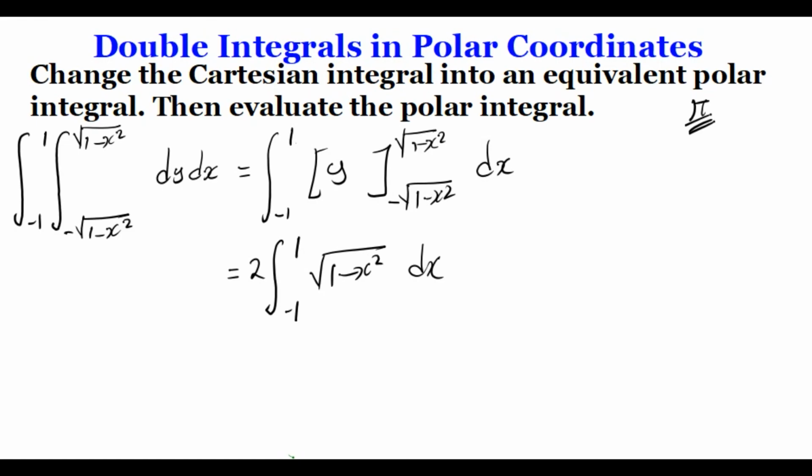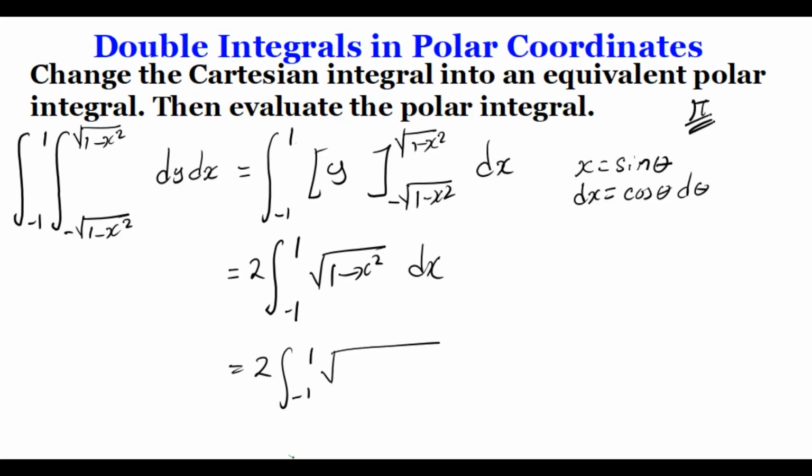Let x equal sine theta, meaning dx is going to be equal to cos theta d theta. So this is going to be equal to 2 from negative 1 to 1. I'm going to have the square root of 1 minus sine squared theta multiplied by dx. Your dx is cos theta d theta.